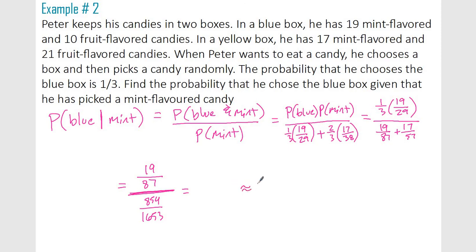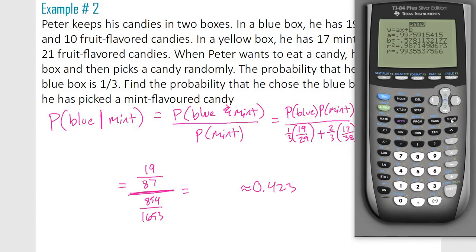here, let me see. Cognito is not giving me the exact answer, but I can do that on my calculator. Let me show you. So we can type in our fraction. It's alpha y equals, number 1. So your fraction is 19 over 87, and then we're dividing that by another fraction.